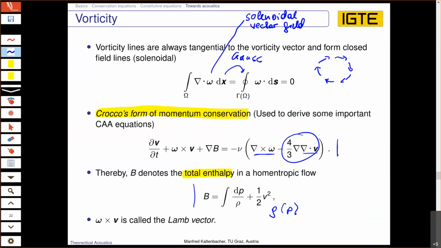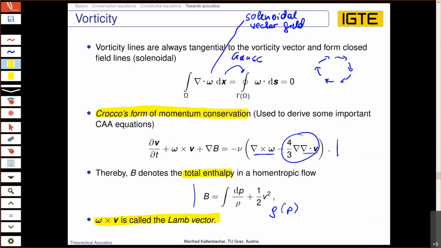And the second term is just our kinetic energy normalized to the density. Another important quantity, which we will discuss in detail when we come to aeroacoustics, is the Lamb vector, which is given by the cross product between the vorticity and the velocity.